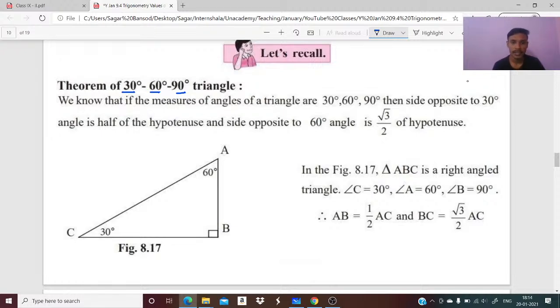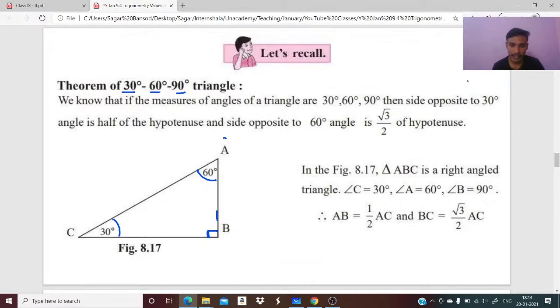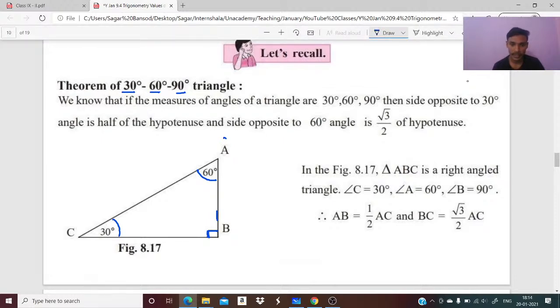That theorem says that, suppose I have any triangle ABC where one acute angle is 30 degrees, then the other acute angle is 60 degrees, and the remaining angle is 90 degrees. Let me repeat. I have a triangle ABC where angle B is 90 degrees, one angle is 30 degrees, and the other angle is 60 degrees.